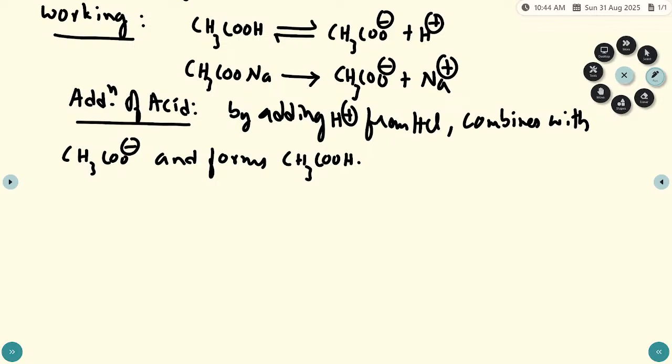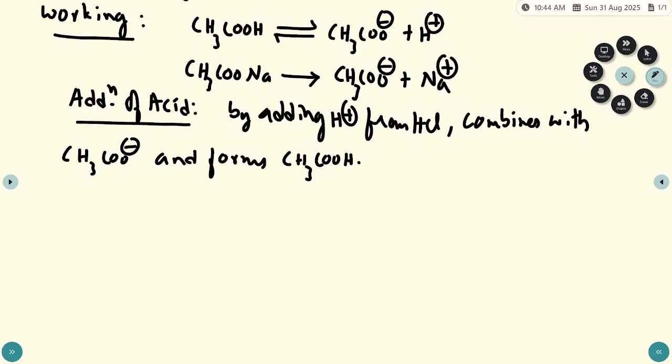So is there any change in pH? No. Now you add HCl, the H plus ions combine, and again that weak acid forms.